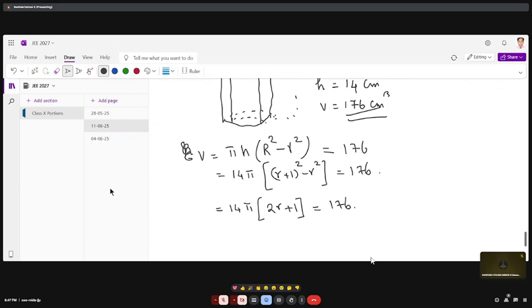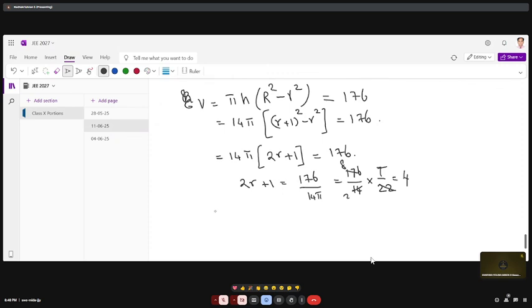So what is r? 2r plus 1 equals 176 by 14 pi. 1 by pi is 7 by 22, right? So 2r plus 1 is 4. So 2r equals 3, and small r is equal to 1.5.